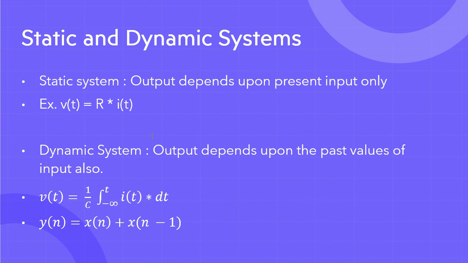So let's say y of n is equal to some value, right? How do you say my system is dynamic? Let's say for a discrete time signal, the output will depend on the past values of the input samples, right?